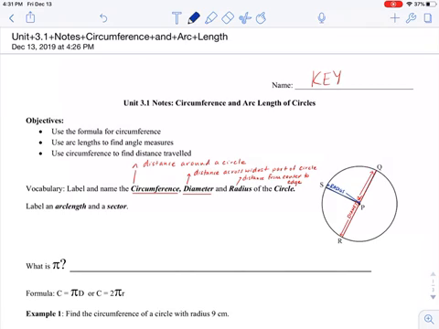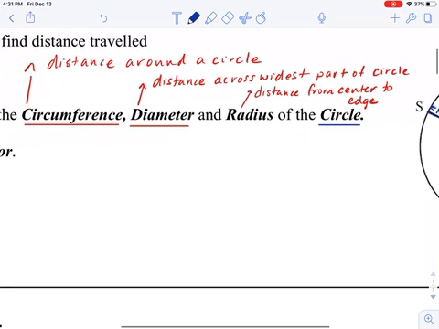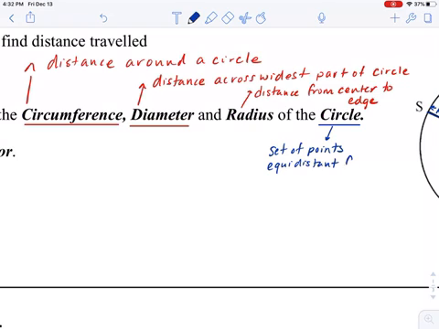Finally, we should define what a circle is. A circle is a set of points equally distant or equidistant from a center point.